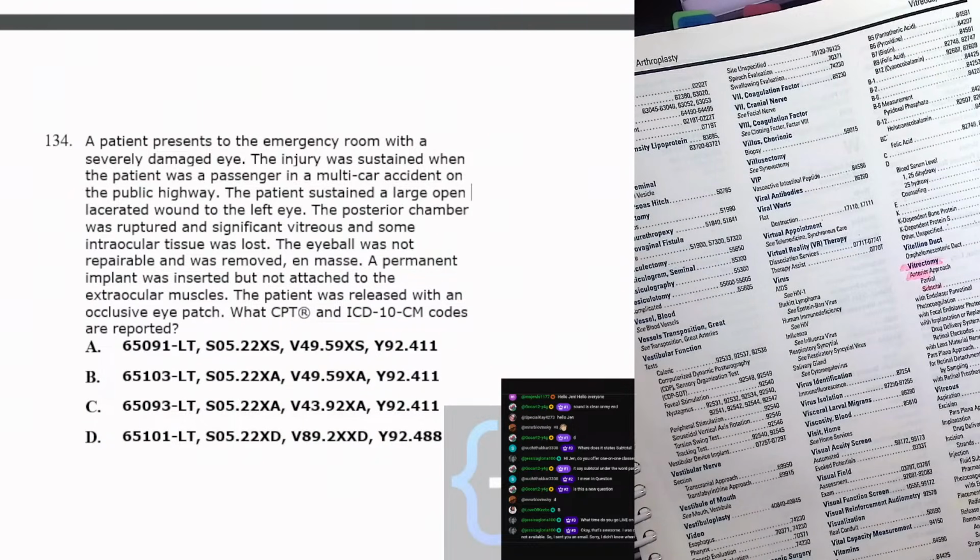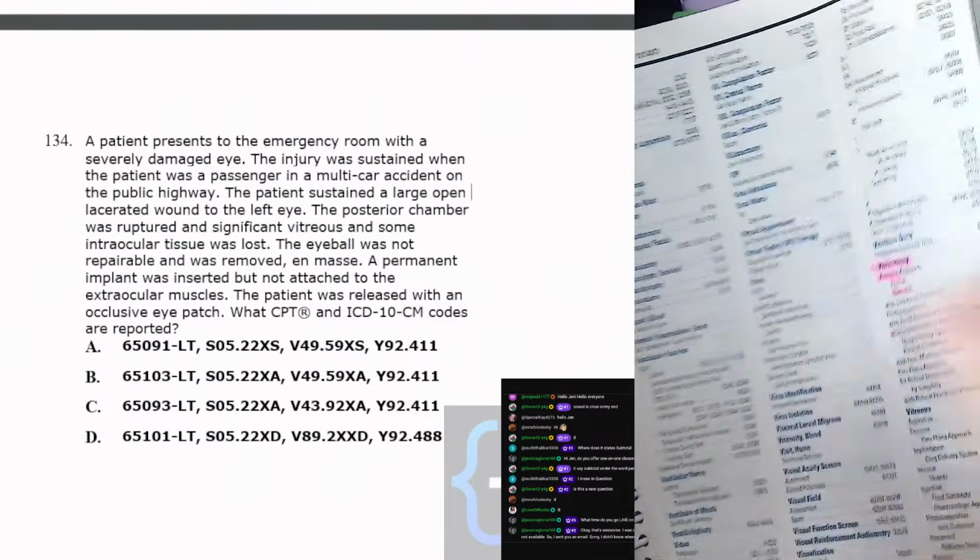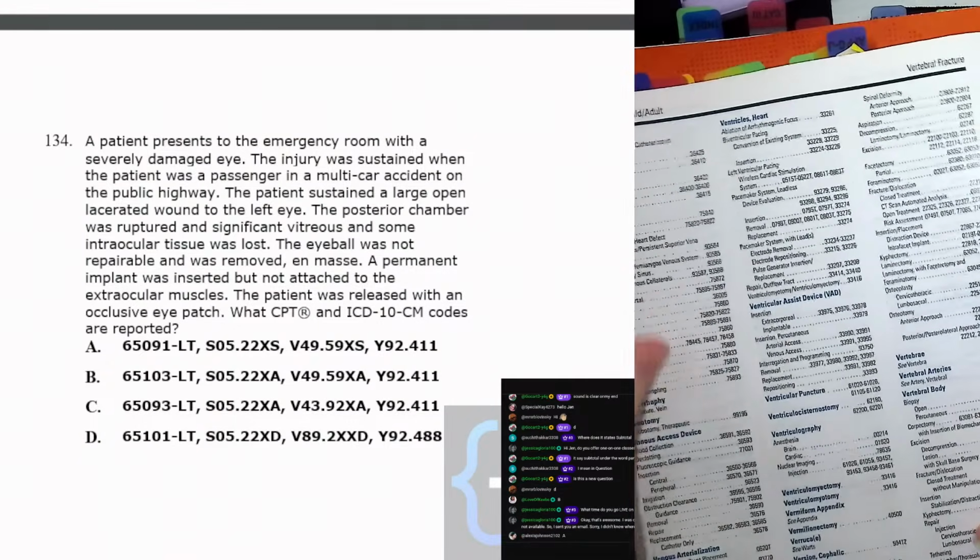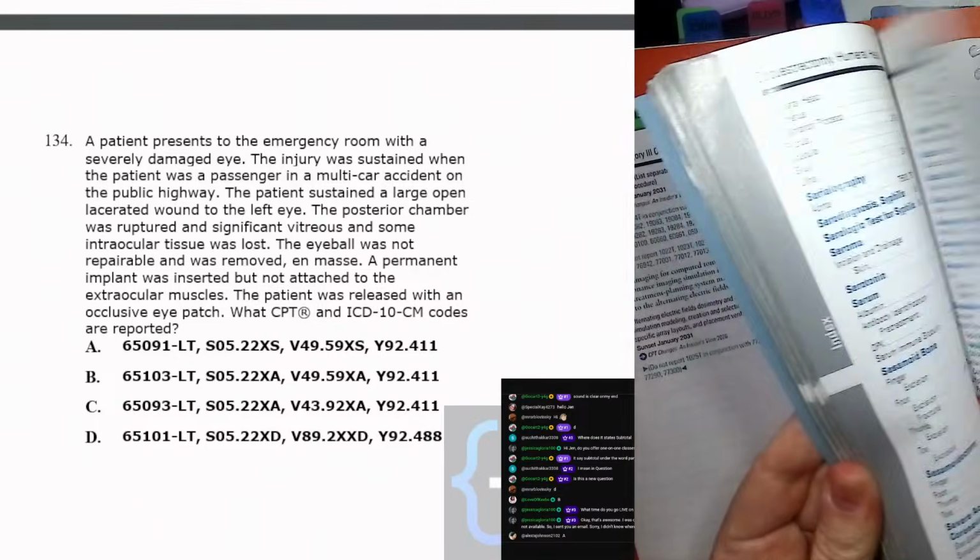What did we do today in our exam question? The eyeball was not repairable and it was removed. What do we call that? We look in our alphabetical index in the back of the CPT book.